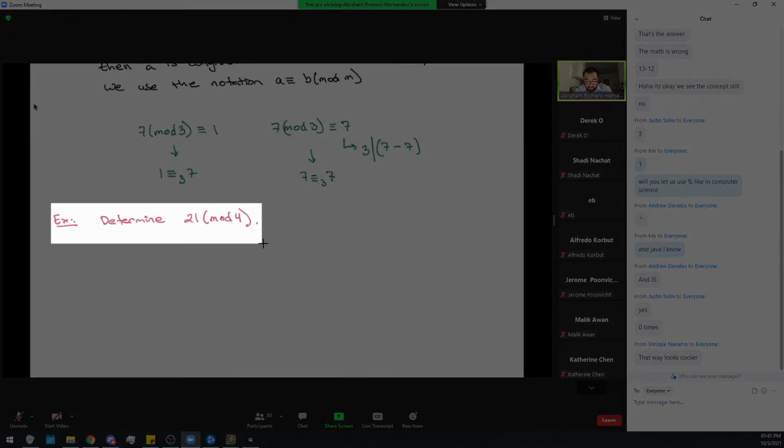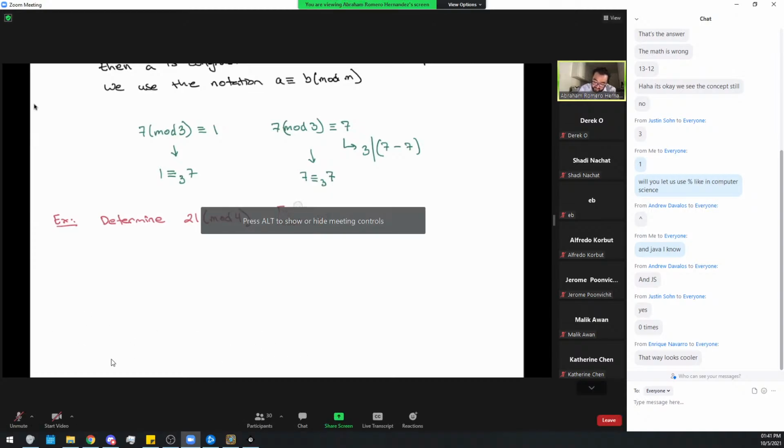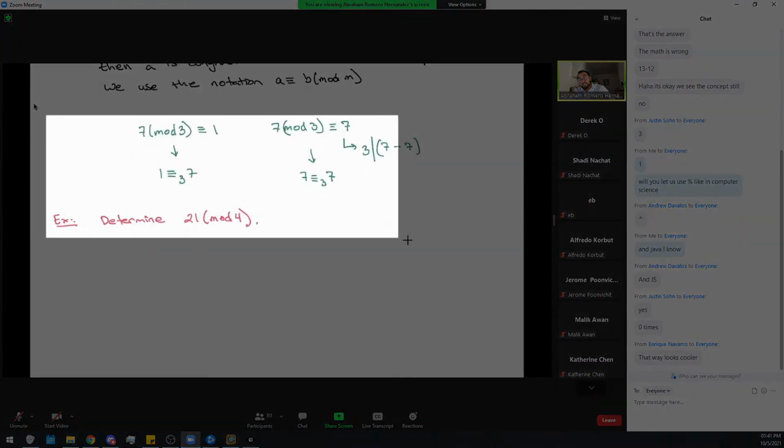If I'm writing the remainder, I will probably write it in this type of notation, but that looks weird because there's nothing here. It just looks strange. All right, so determine 21 mod 4. Obviously, I want you to use modulo. Let's see what you guys come up with.